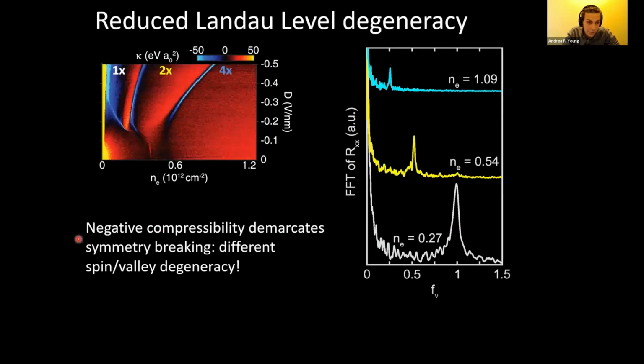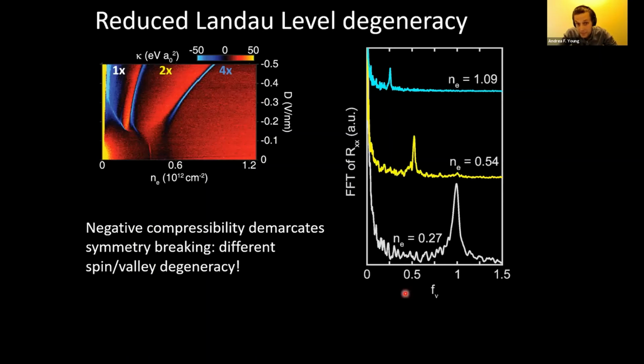Okay, and so let's focus on the electron side. You can look carefully at these different phases separated by these sharp first order looking type transitions, and you can see that in fact the degeneracy of these Fermi surfaces is different in these different regions. So in particular, out at high density, you see a peak at 1/4.